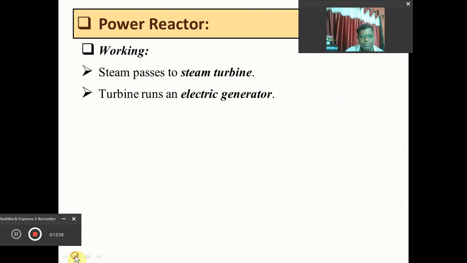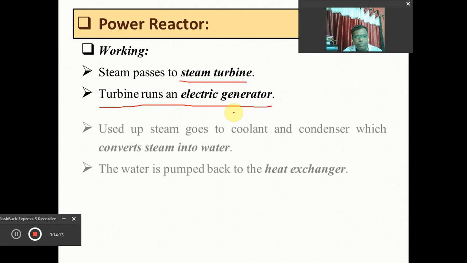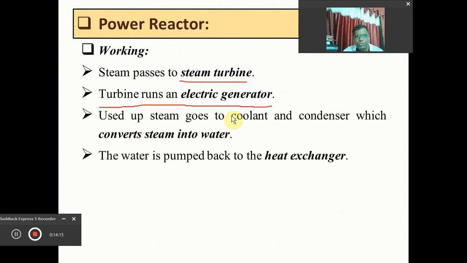Whatever steam is obtained is passed to the steam turbine, and this turbine runs an electrical generator. The used steam from this electric generator goes to the coolant, where it is condensed, which converts steam into water.